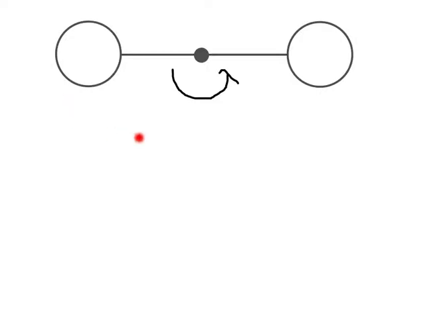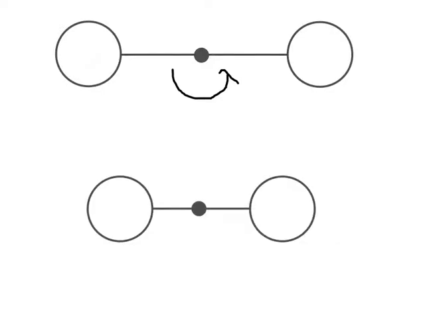Now this system is going to rotate differently than a system with the same mass but a different spacing between them. If you can imagine trying to twirl these objects, which one would be easier to twirl? If your intuition is telling you that it's the one with the masses closer together, that's absolutely right.